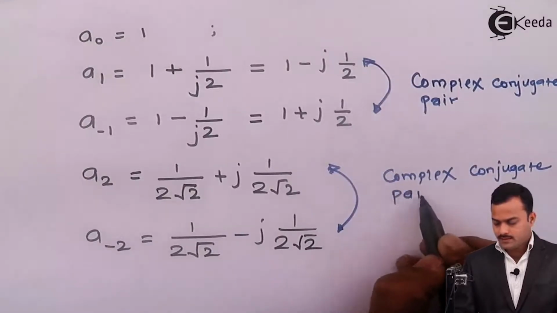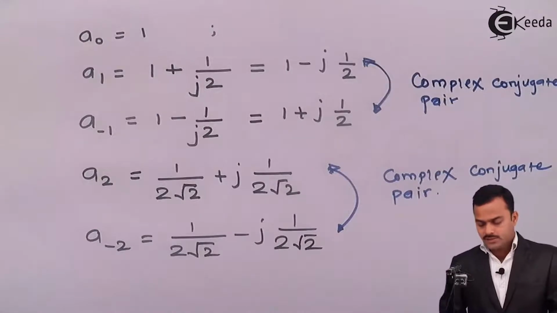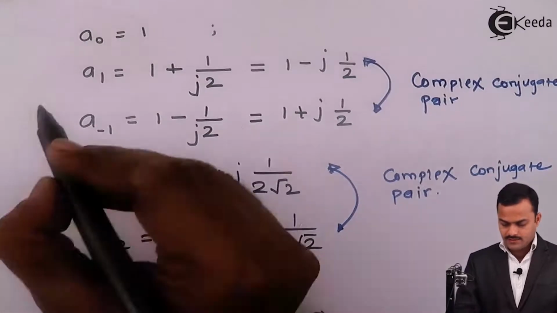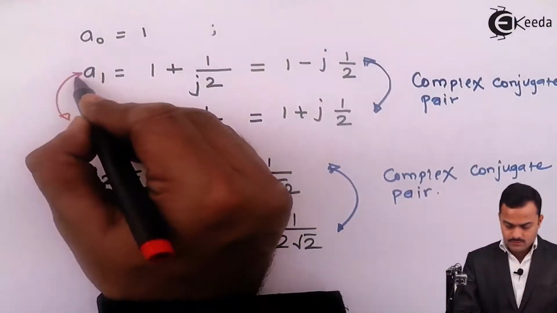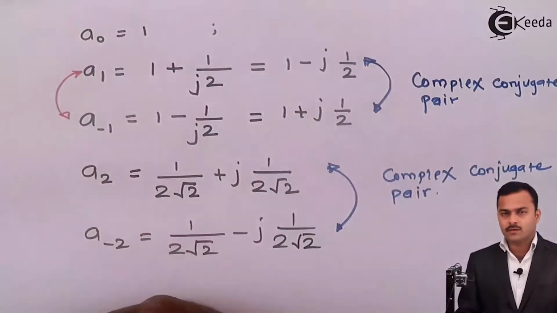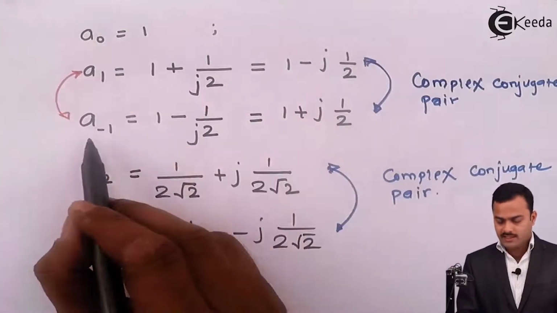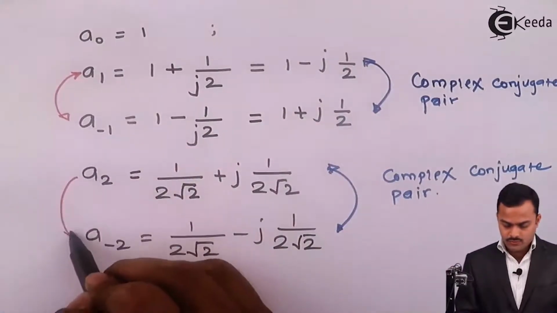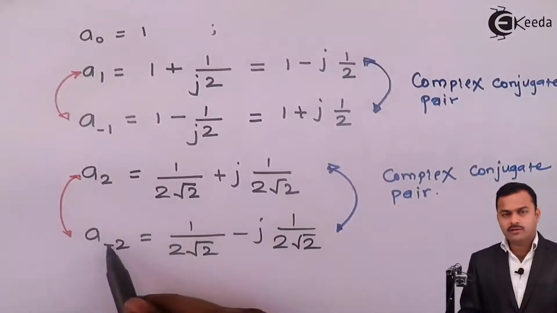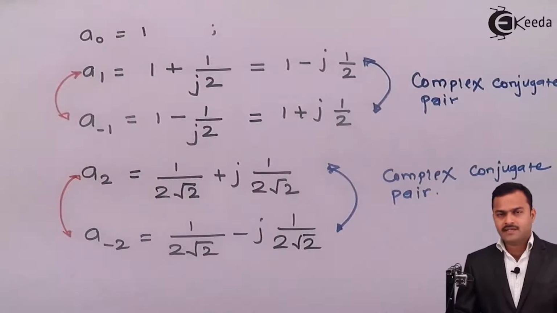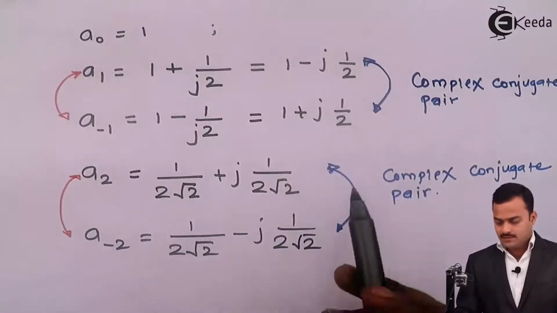So I can say whenever I'm getting a Fourier series coefficient as a complex number, its conjugate has to occur, and that, if I see properly, will be symmetrical. Meaning for k equal to 1, whatever we obtain, its conjugate will be there at k equal to minus 1. Similarly, for k equal to 2, whatever we obtain, its conjugate I will get at k equal to minus 2. So every time we will get a magnitude plot as an even function, that we will see shortly.